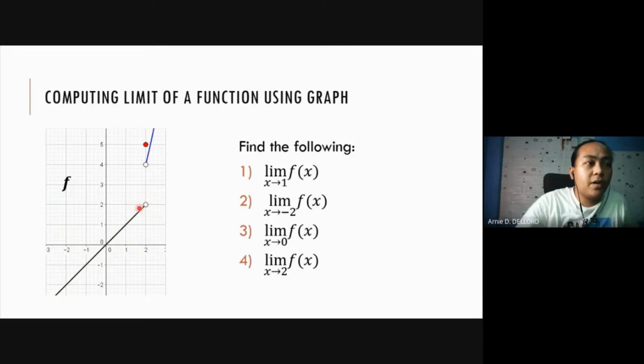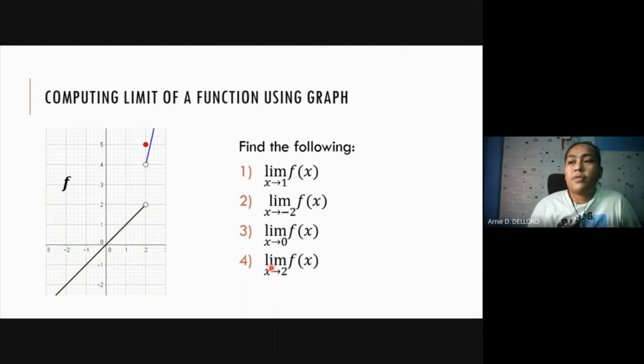Ang tinutumbok ng function is positive 2. Okay? Siya yung tinutumbok ng function as x approaches 2 from the left is equal to 2. Okay? Now, from the left yun ha.